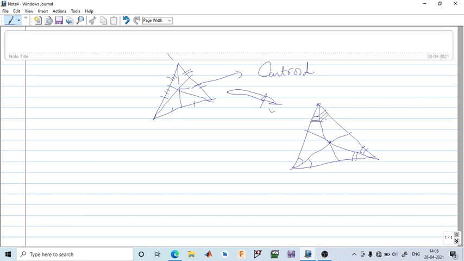Suppose these are the angle bisectors. The point of concurrence of the three angle bisectors is known as incenter.